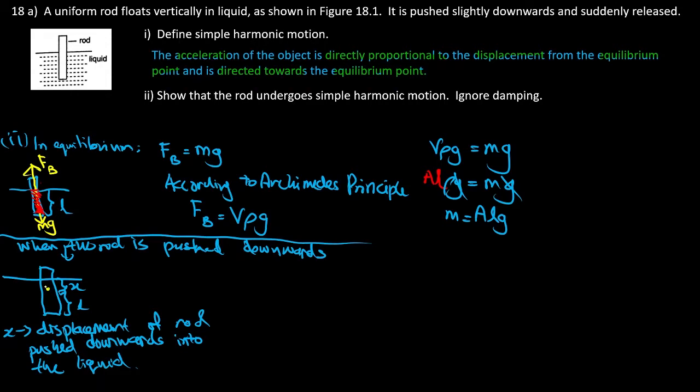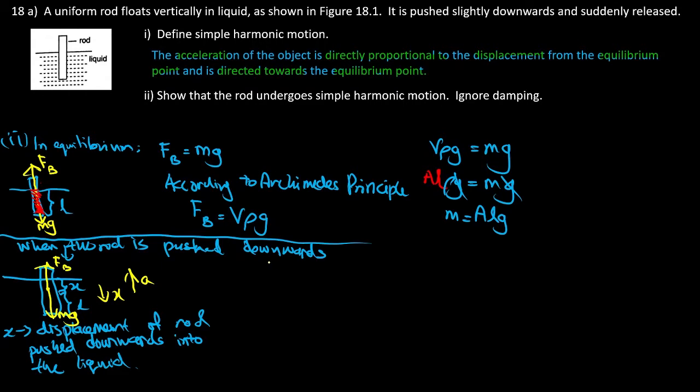There are still two forces acting on it. One is the buoyant force, another one is still the weight of the rod, but now it will be vibrating. So this is your x displacement, and this is the direction of your a, which is always opposite to your x displacement.